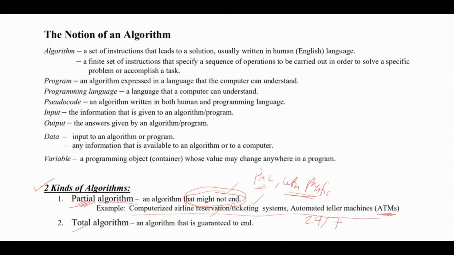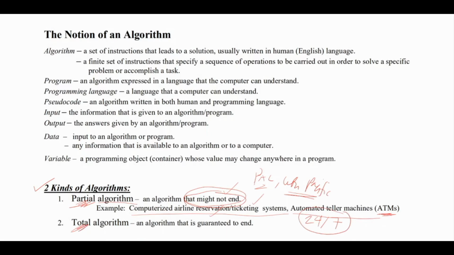Unless, of course, the bank decides to shut down the ATM for some troubleshooting activities because there is no more money inside the machine, or maybe some technical problems. So they have to shut it down. So that's the only time. But without troubles, it should be running 24/7.